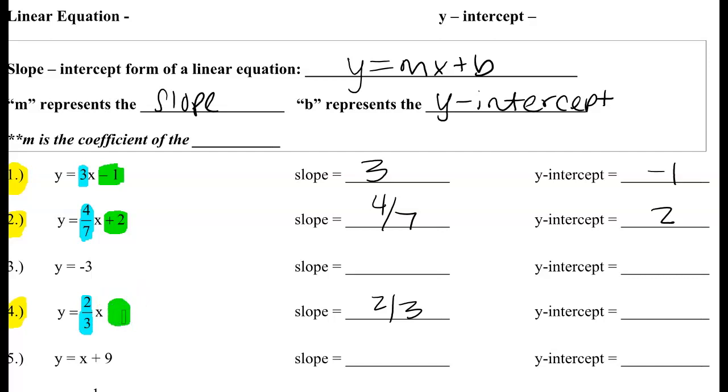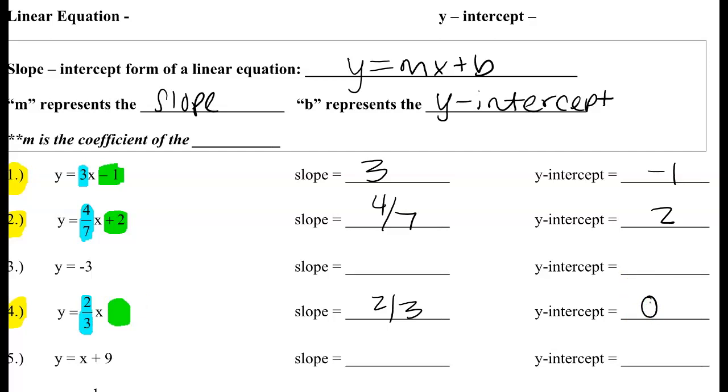So you might notice for this example, there is no number being added or subtracted. That doesn't necessarily mean that there's no y-intercept. That means the y-intercept is the number that means nothing. There's nothing there. The number that means nothing is 0. So my y-intercept is 0 for this problem.